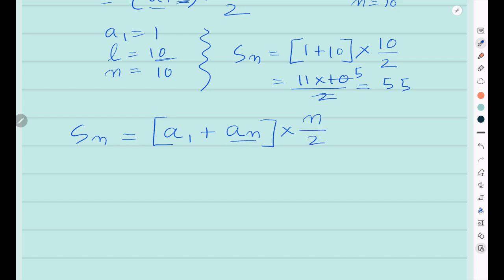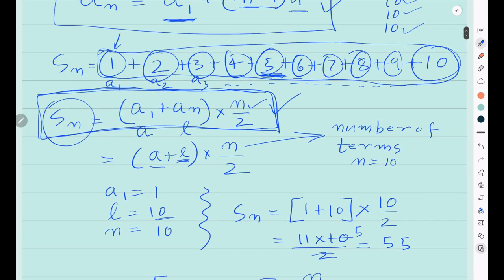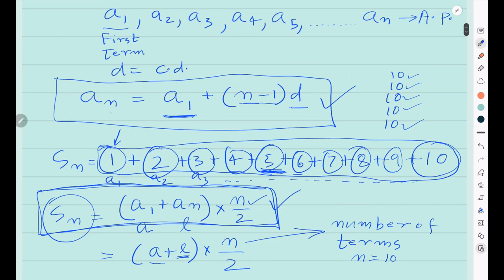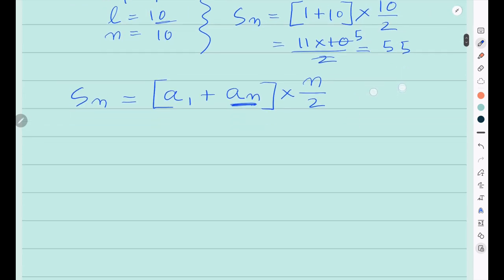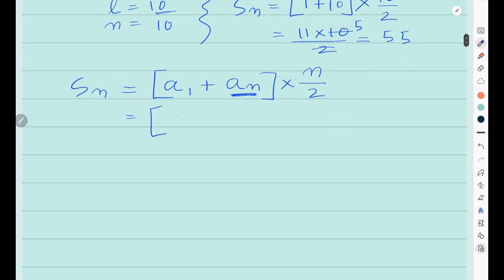What we can do here is replace this by this. You see, the nth term is this. So let us try to replace. So we can write a1 plus (n minus 1) d, multiplied by n by 2. Okay, so did you follow?